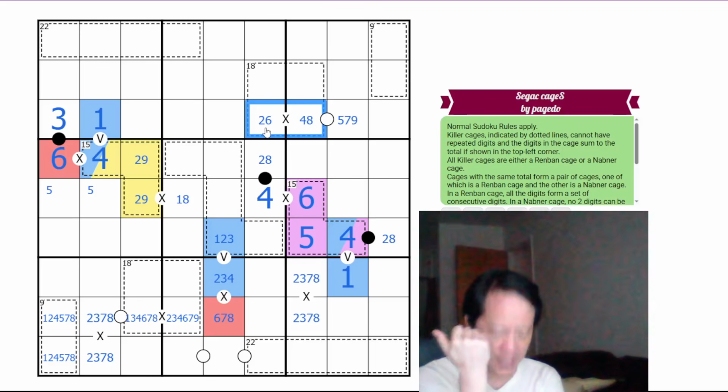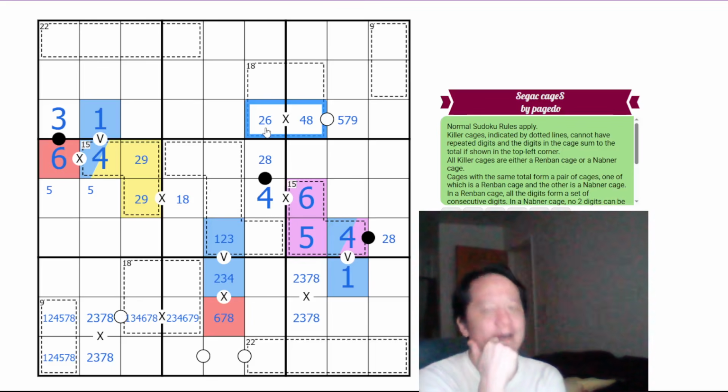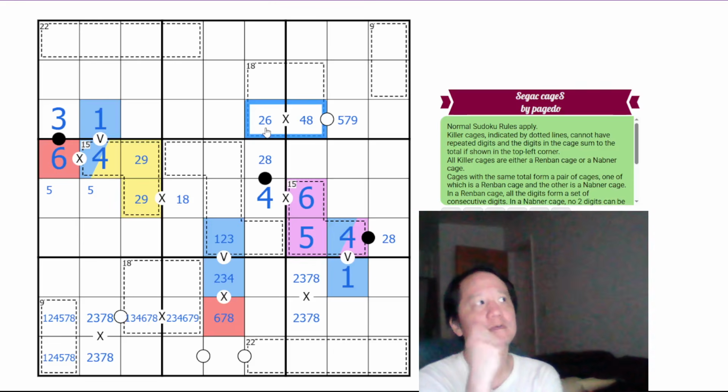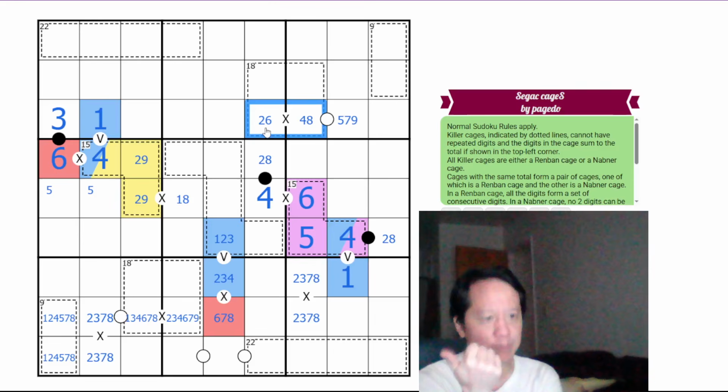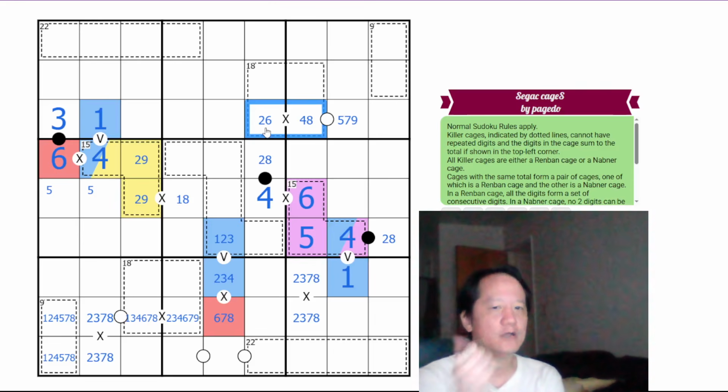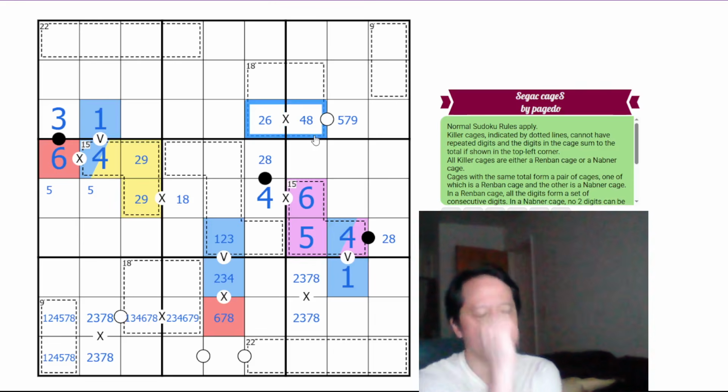But to add up to 8, you would guarantee have to have 1 and 7 or 3 and 5 to add up to 8. And therefore, it could not be a Nabner. So if this is 4-6, it cannot be a Nabner cage.